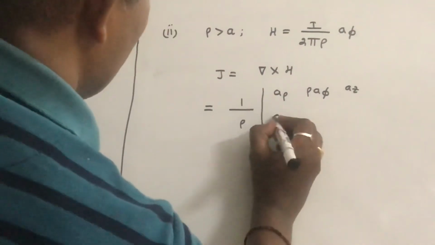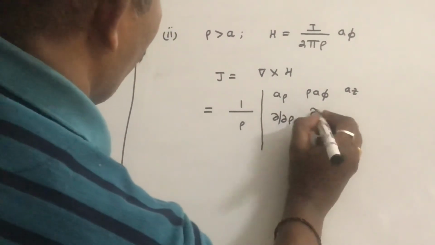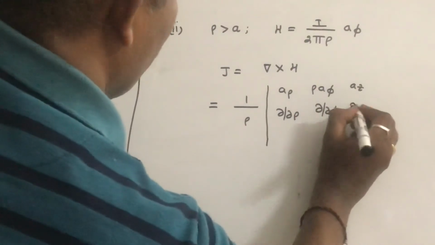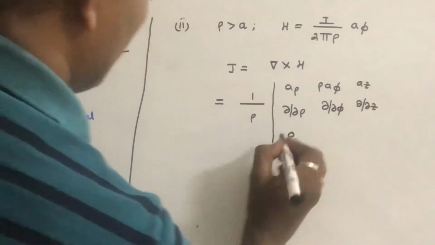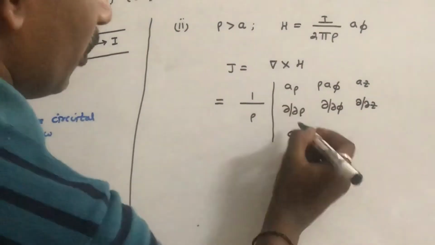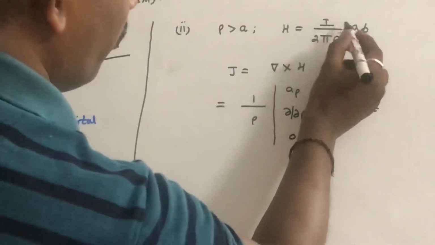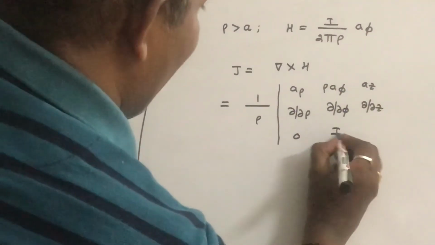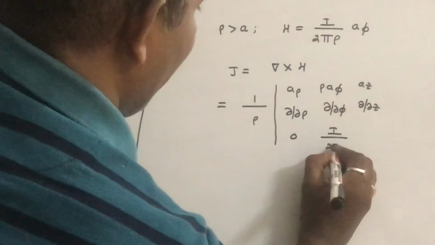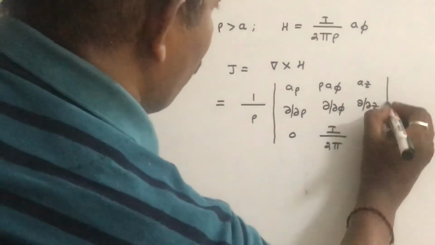The second row is simple: dou by dou rho, dou by dou phi, dou by dou z. The a_rho component in H is 0. Substituting the H components, rho a_phi gives I by 2 pi, and the z component is 0.